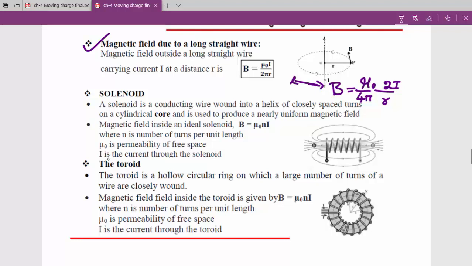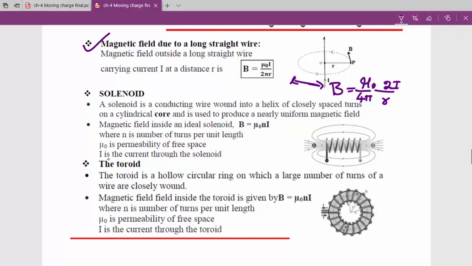You can see the magnetic lines inside the solenoid are very close, meaning the magnetic field is strong inside, but outside the magnetic field lines are very weak. So the magnetic field outside the solenoid is taken as negligible, but inside the solenoid it is taken as considerable.